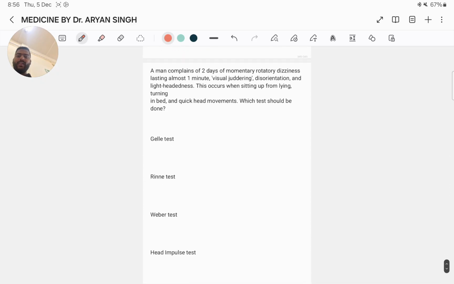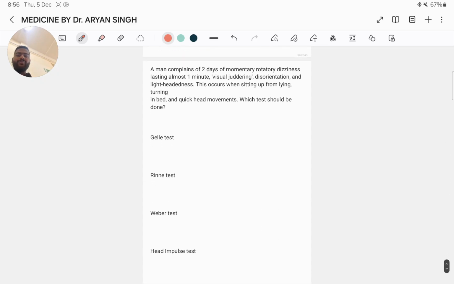Next question. A man complains of 2 days of momentary rotatory dizziness lasting around 1 minute, visual juddering, disorientation and lightheadedness. This occurs when sitting up from lying, turning in bed and quick head movement. Which test should be done? Dix-Hallpike test, Rinne test, Weber test, head impulse test.